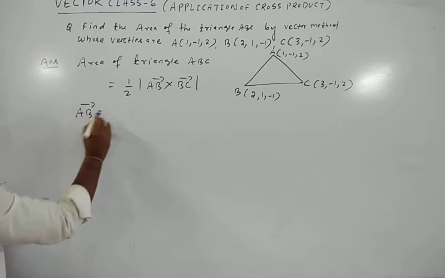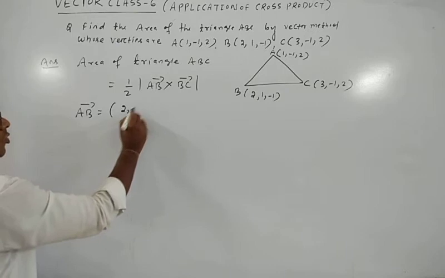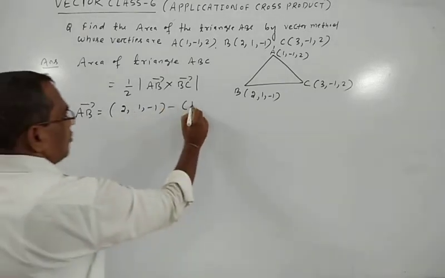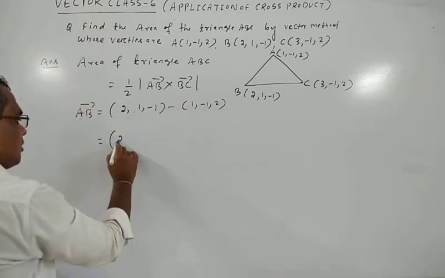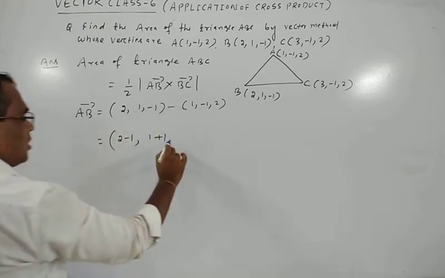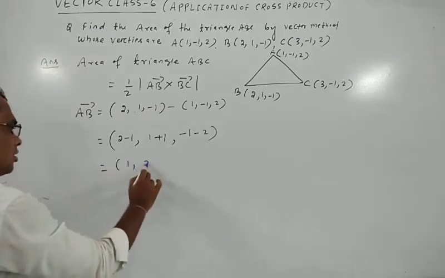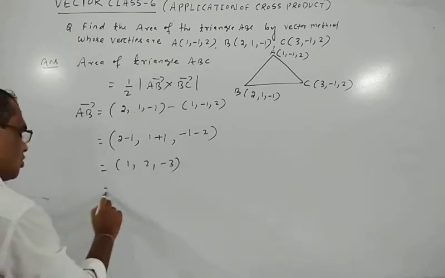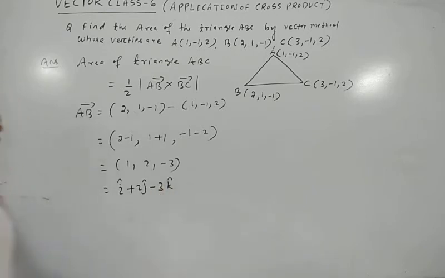AB vector means position vector of B minus position vector of A. So this is equal to 2, 1, minus 1 minus 1, minus 1, 2. So this is equal to 2 minus 1, 1 plus 1, minus 1 minus 2. Okay, so this is equal to 1, 2, minus 3. So its component form is i cap plus 2j cap minus 3k cap.